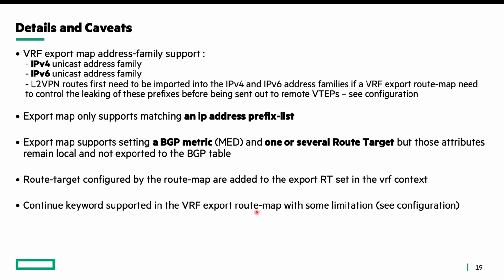The continue keyword: the default behavior of a route map is that on the first match, the route map stops being processed. So if sequence 10 matches the condition, you will not go to the further sequence, which could be sequence 20.